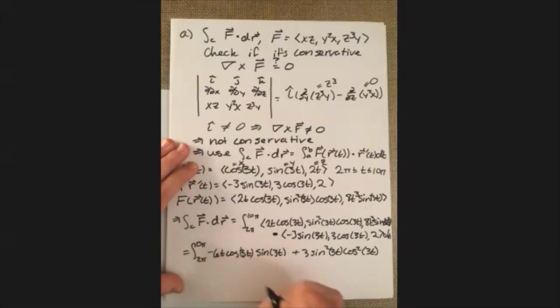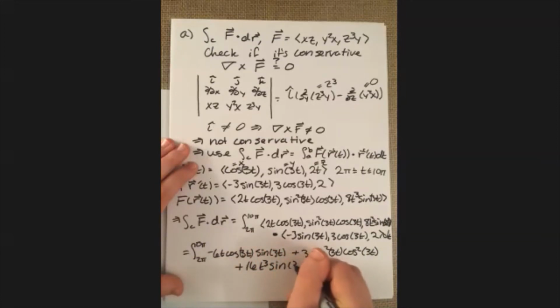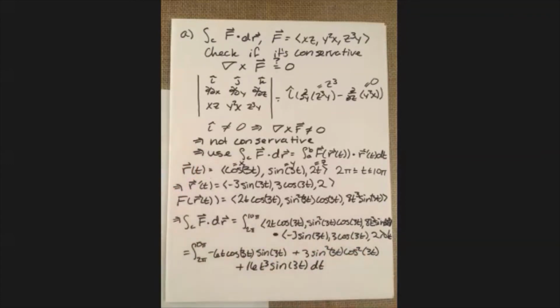And I guess I do actually need a new line, plus 16t cubed sine of 3t dt.